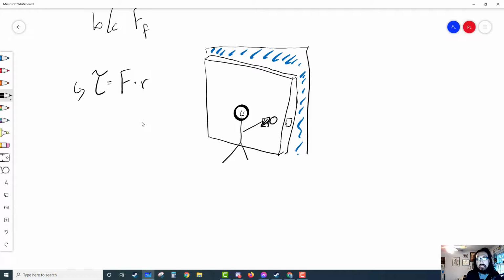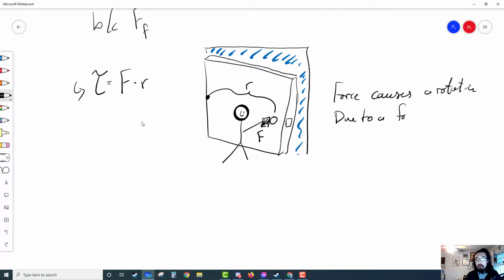And so the radius is wherever the hinges or the rotating axis are. So right there to right there, this will be the radius. That's what we call this idea, the moment arm. So when I exert a force, I am doing the pushing and pulling, and this force causes a rotation due to a force being exerted away, and that away is just r, from a rotating axis.